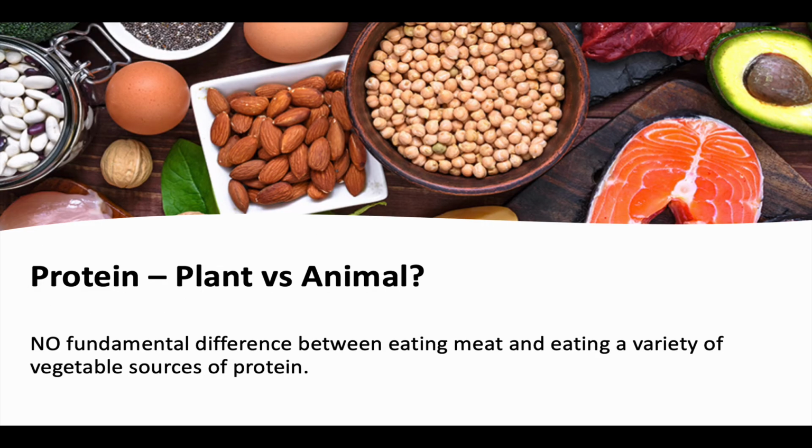Plant versus animal. This one's very topical. Lots on this. Bottom line is, I don't think there's any fundamental difference between eating meat or eating a variety of vegetable sources of protein in terms of getting your essential amino acids. Meat is considered a complete protein because all of those essential amino acids are in the meat, whereas with the plant sources, you tend to have to eat a variety.